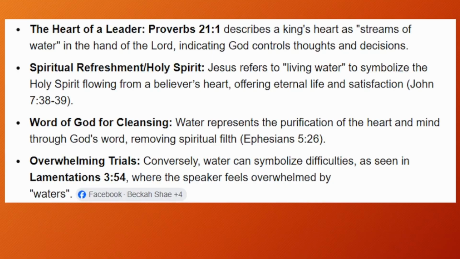So I'm just going to read these because I don't want to go into a deeper study on each scripture. The heart of a leader, Proverbs 21 verse 1, describes a king's heart as a stream of water. I want you to put this picture for me, and I'm going to show you the picture, so then it's going to be framed.